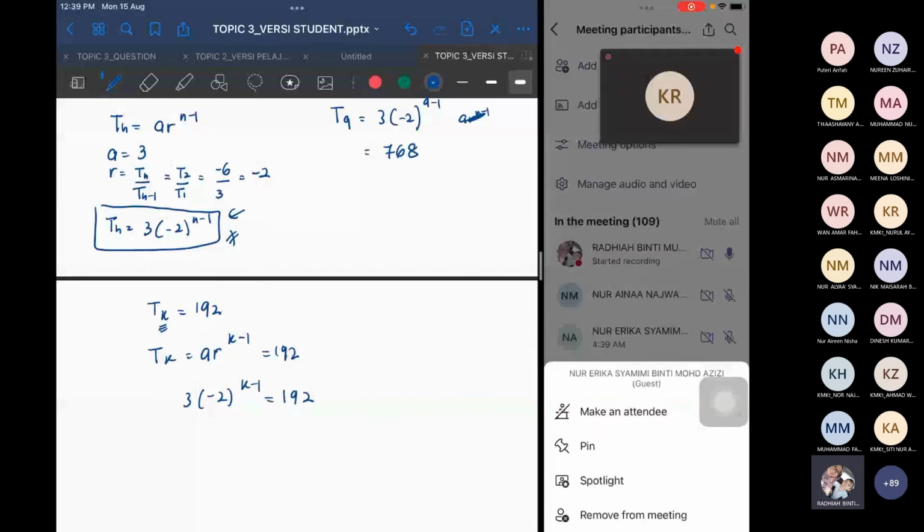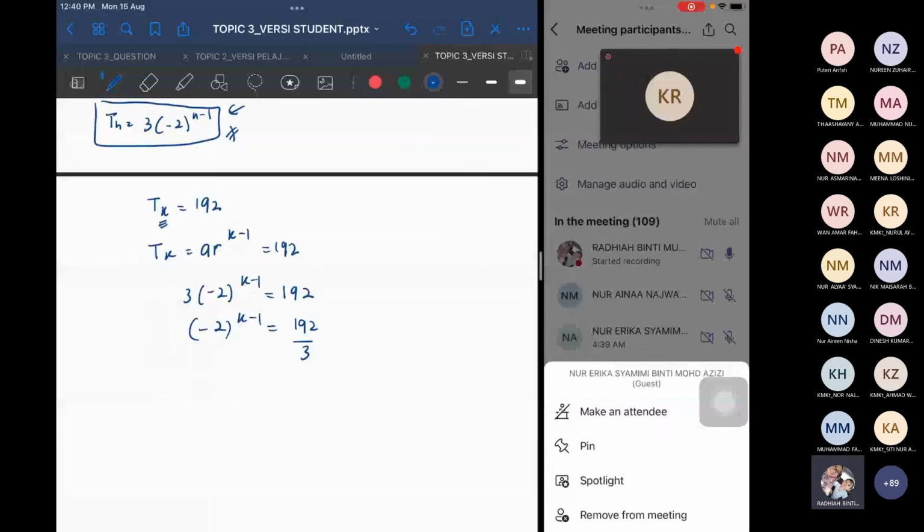Okay, so kita simplify. -2 power of K minus 1. So 192 divide by 3, awak dapat berapa ya? Tekan calculator, dapat, kejap saya pun nak press the calculator, awak dapat apa ya kelas? 64. 64.